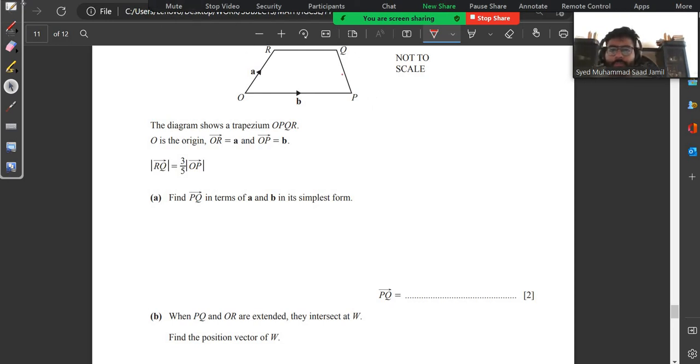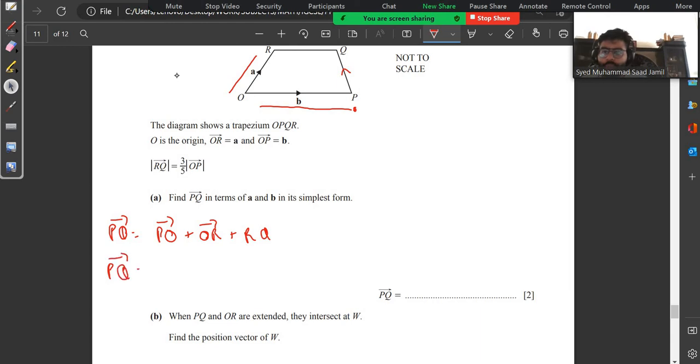So PQ is this. We will start from P and go all the way back, so PQ is equal to PO plus, then we will go from O to R, OR, plus then from R to Q, RQ.